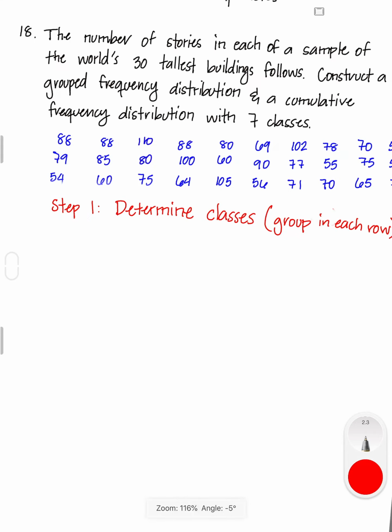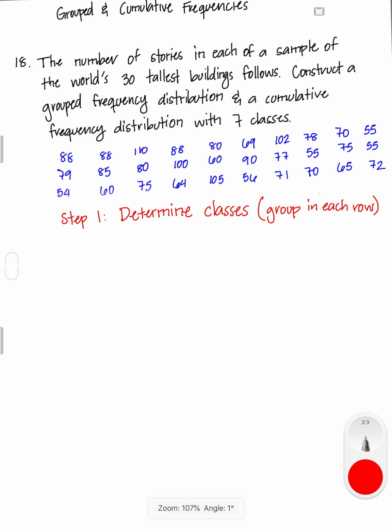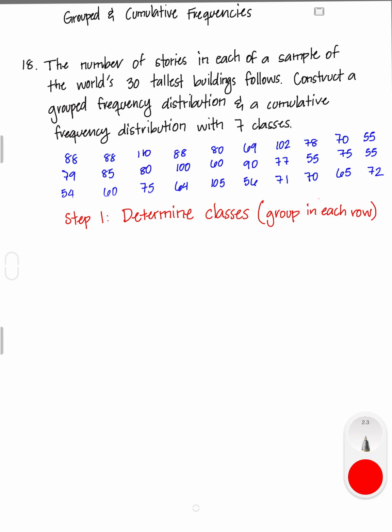The first one is to find the highest and lowest values.